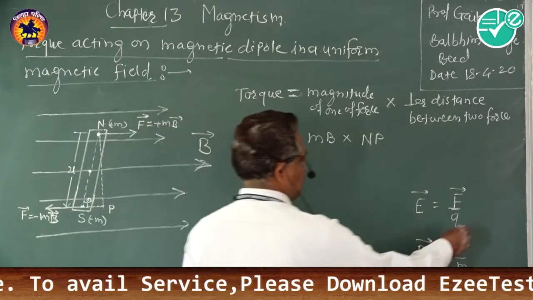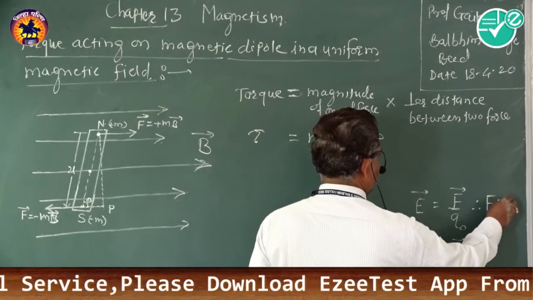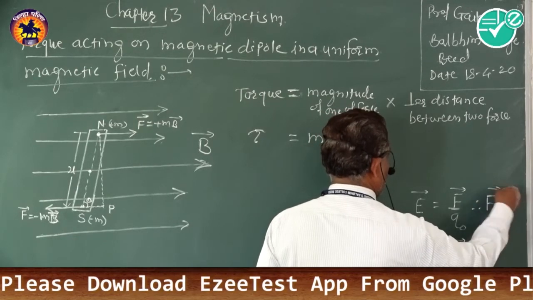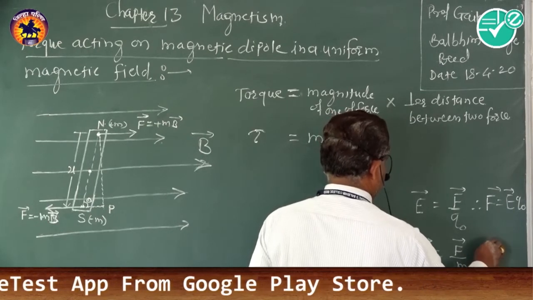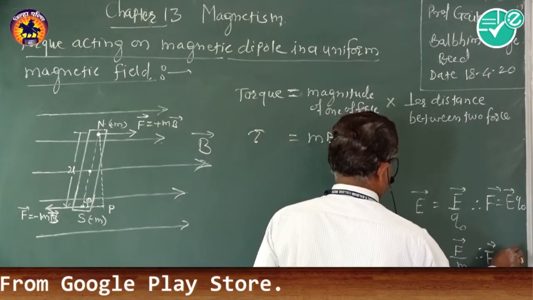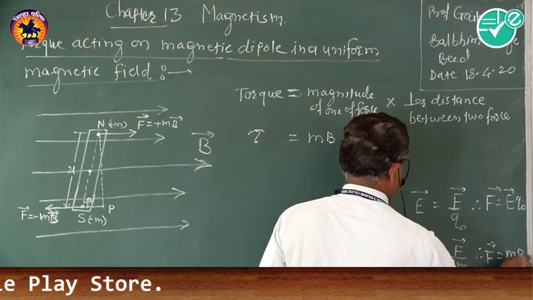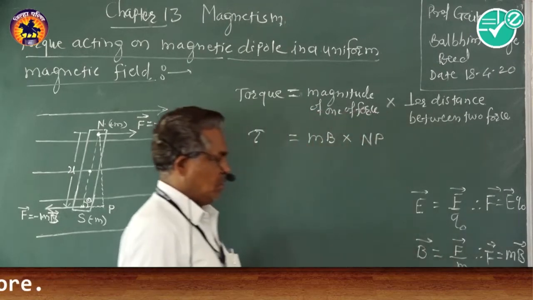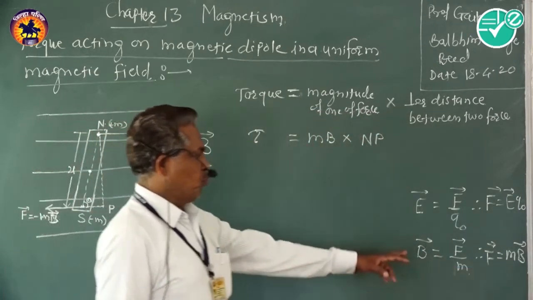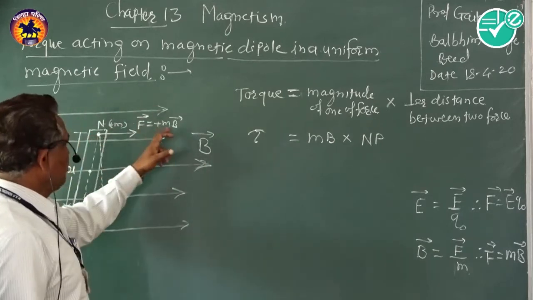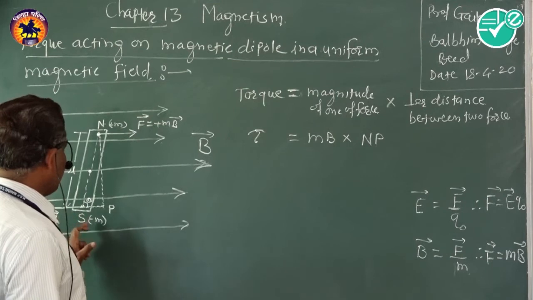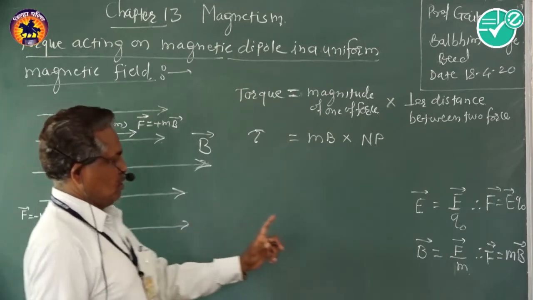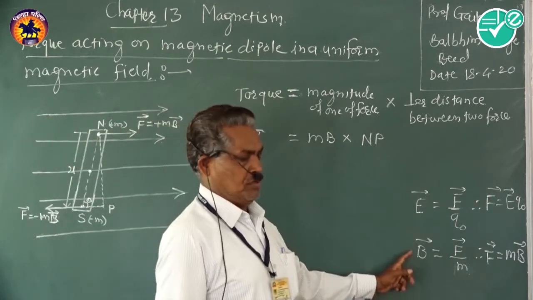Therefore, from this equation F is equal to E into Q0, and similarly F is equal to m into B. The force F is equal to mB acting on the north pole and F is equal to minus mB acting on the south pole is similar to this equation.